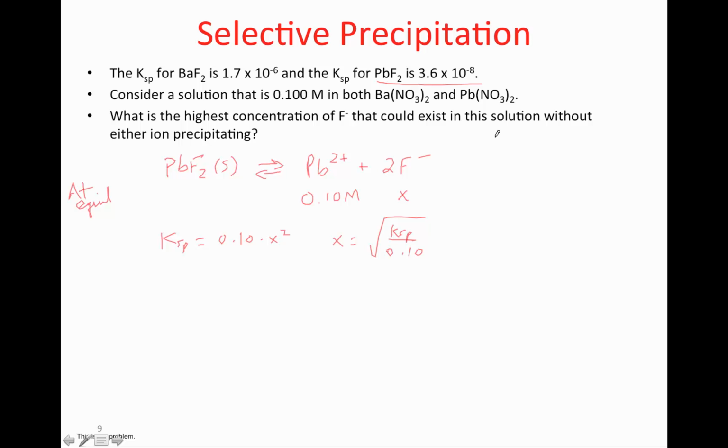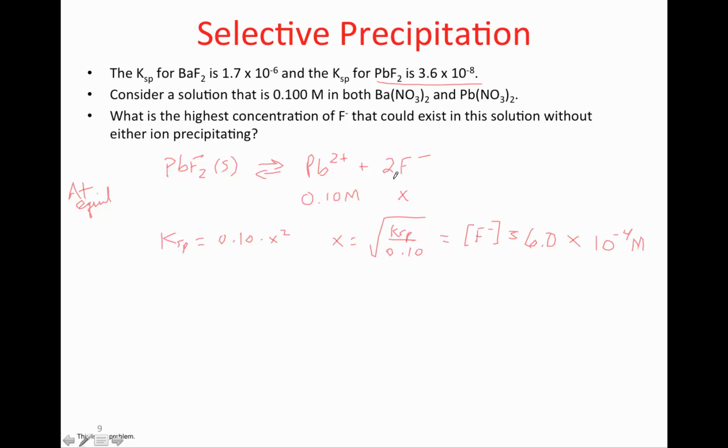The KSP value for the lead fluoride is 3.6 times 10 to the minus 8. I divide by 0.1, I take the square root, and I get a fluoride ion concentration of 6 times 10 to the minus 4 molar.